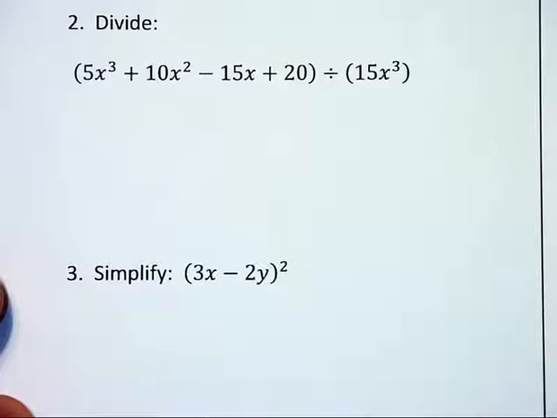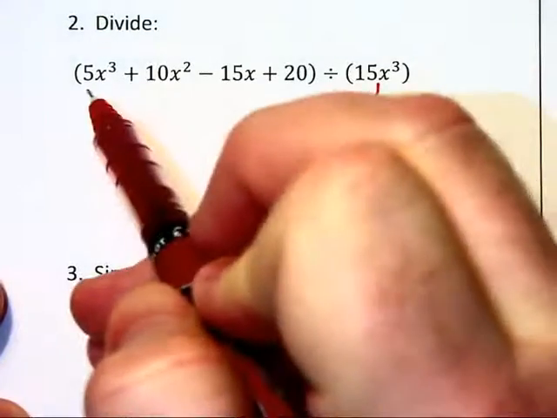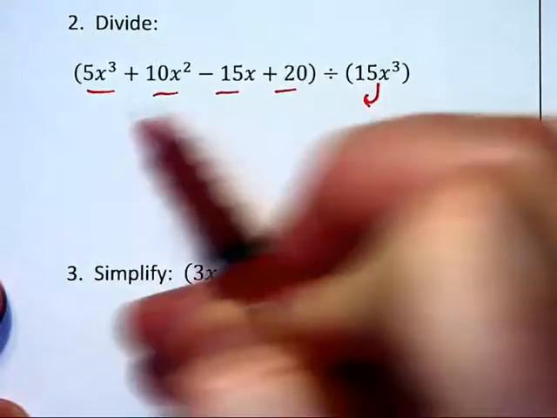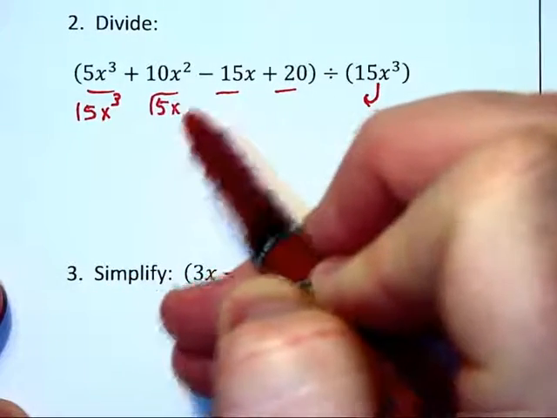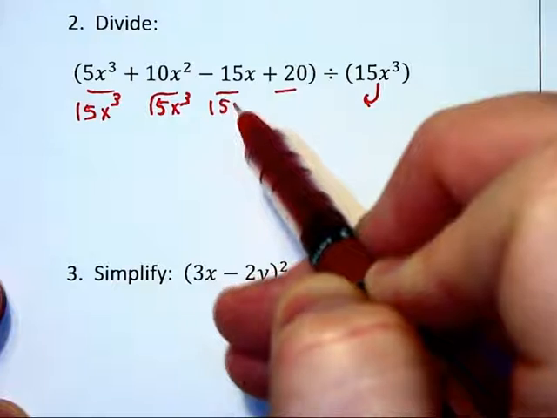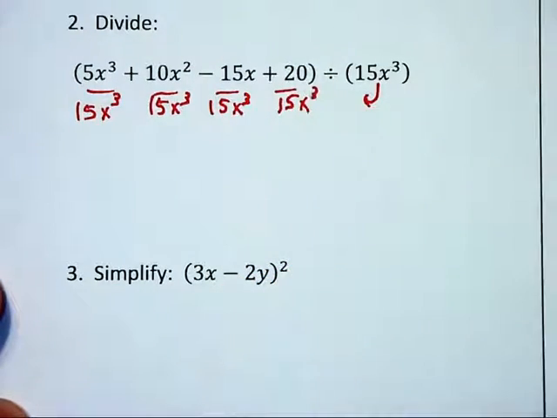When you are dividing by a monomial such as 15x cubed, it's a lot easier just to write this as separate fractions, put a 15x cubed down beneath each one of them, and then simplify each fraction separately and have your solution.